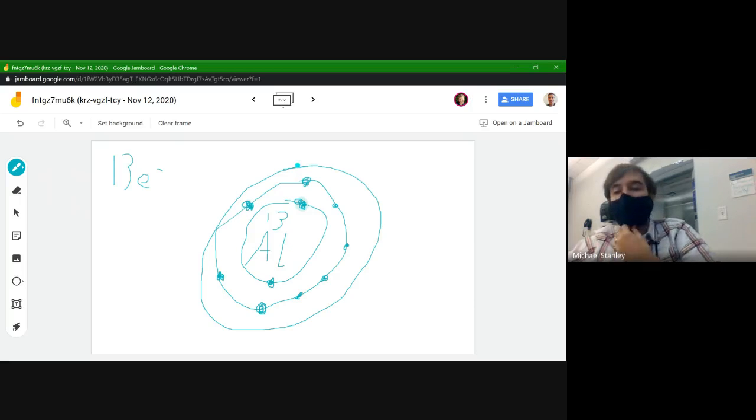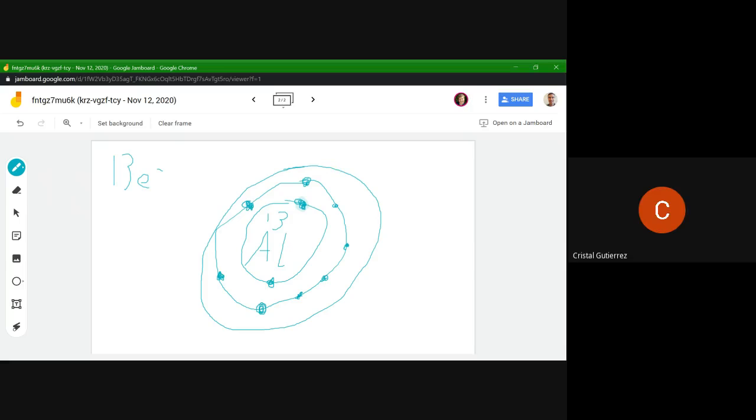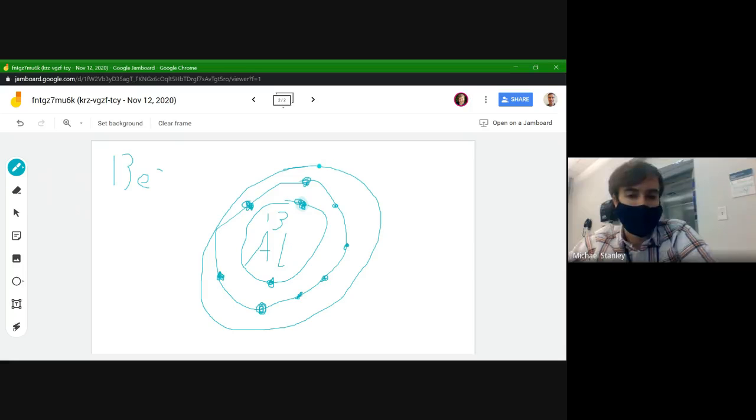So we have to go out to our third shell out here. So we've already put down 2 on the first shell and 8 on the second shell. So how many more electrons do we have left in aluminum? 3. 3, precisely. 1, 2, 3.